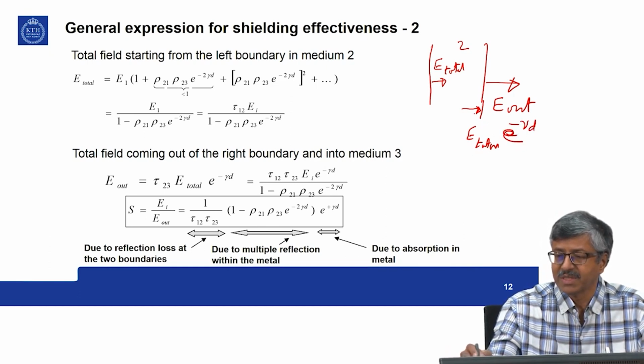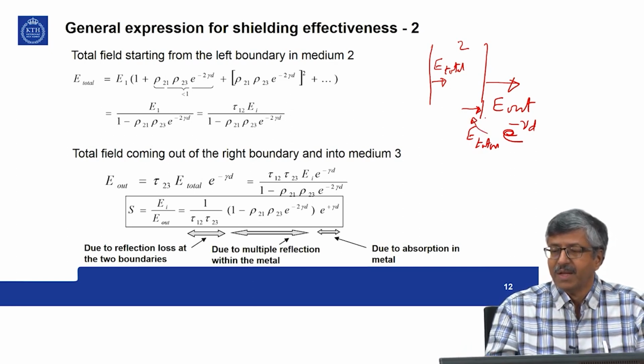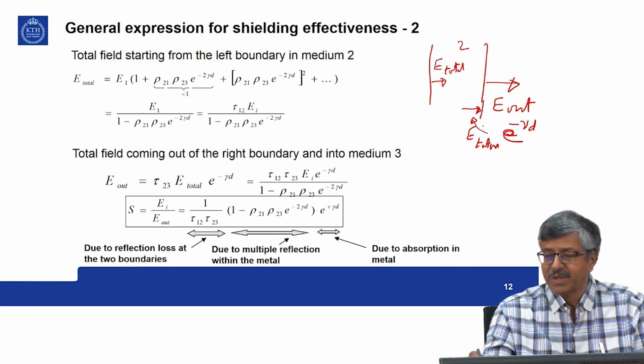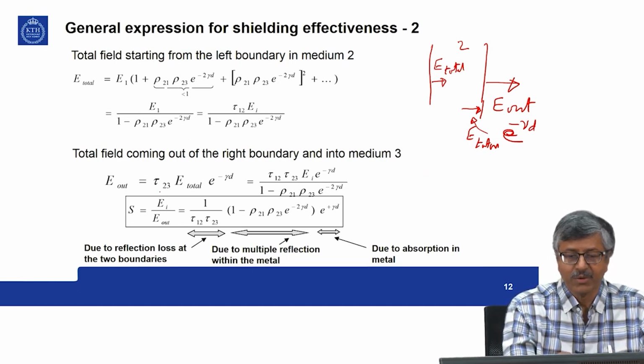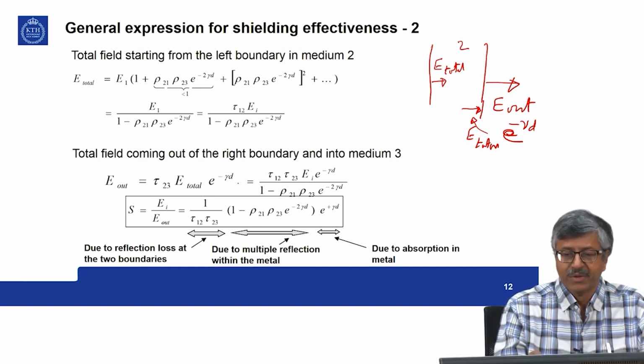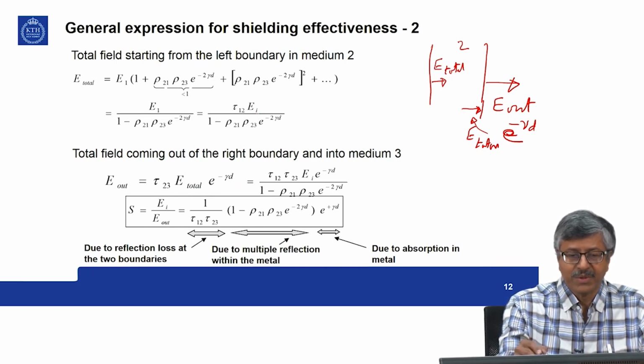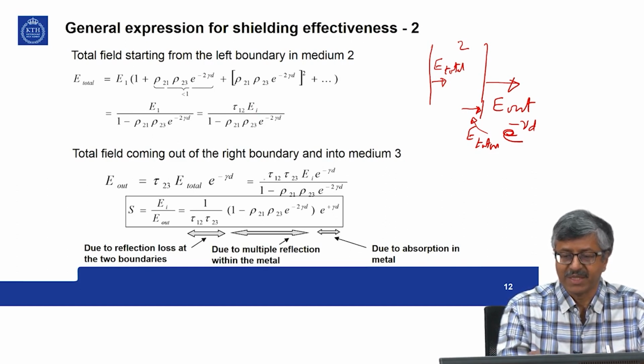This is what is reaching this boundary. Now, as it is going out, it will be tau 23 E total e to the power of minus gamma d. So, you substitute E total from here into this, then you get this expression.